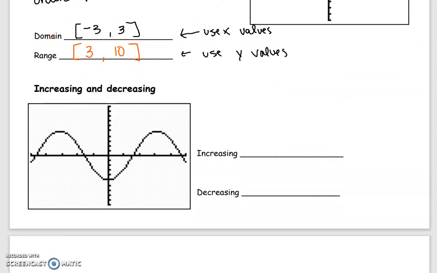Let's take a look at increasing and decreasing. With increasing and decreasing, the graph is read from left to right.